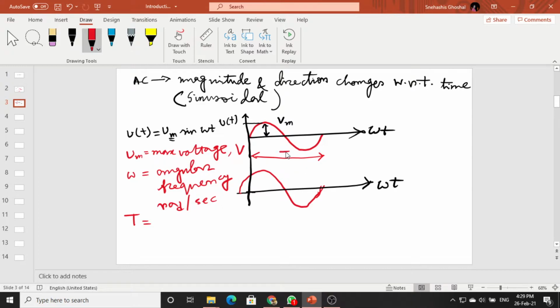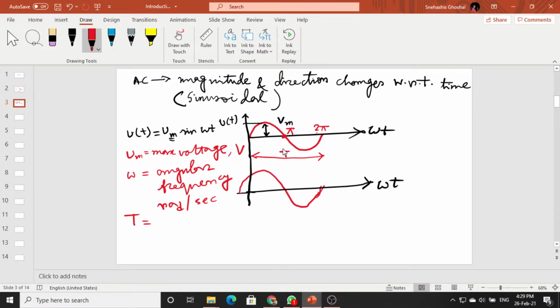Time period means you can see that after this point, this is called pi or 180 degree, this is 2 pi or 360 degree. See, after 2 pi, the waveform again repeats itself. So this type of waveform is known as periodic waveform, and the property is known as periodicity, which the waveform shows.